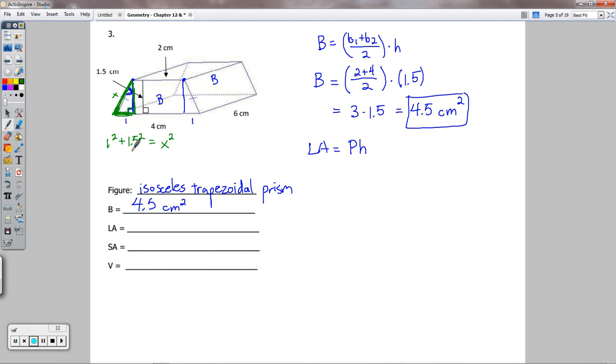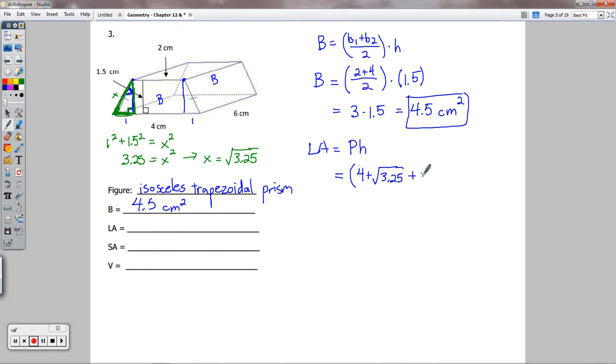This would be 1, and 1.5 squared would be 2.25, so I'd have 3.25 equals x squared. That implies that x would be the square root of 3.25. And so if I plug that in, as I calculate this, my perimeter would be 4 plus the square root of 3.25, plus 2, and another square root of 3.25, since these are the same.